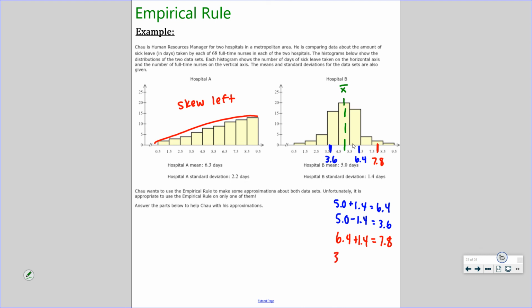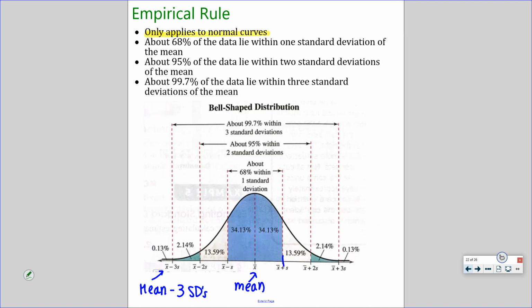So 3.6 minus another standard deviation, 2.2. I still haven't got out to that 0.8 to 9.2 range yet, but just to apply the empirical rule, this says 95% of your data is going to lie within 2 standard deviations. All right, we just got to go one more.